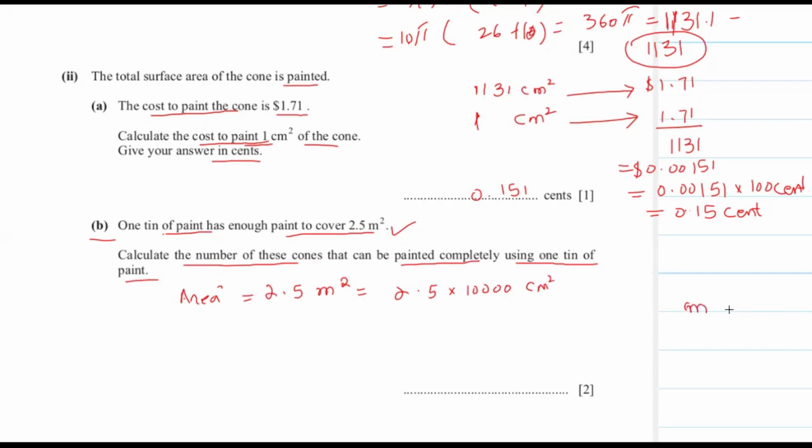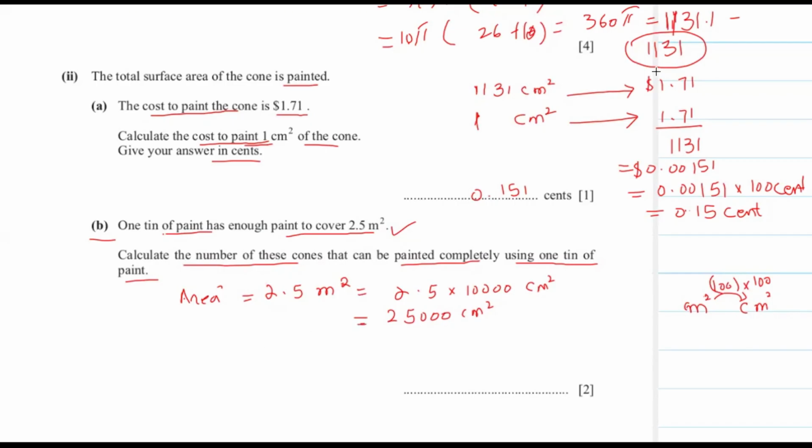You know, when you convert meter into centimeter, we multiply by 100, so when you convert meter square into centimeter square, you multiply 100 by 100. Therefore, this value becomes 25,000 centimeter square, the area covered by 1 tin of paint.